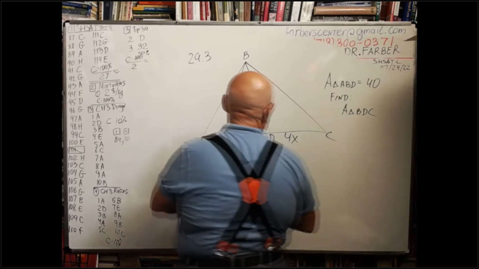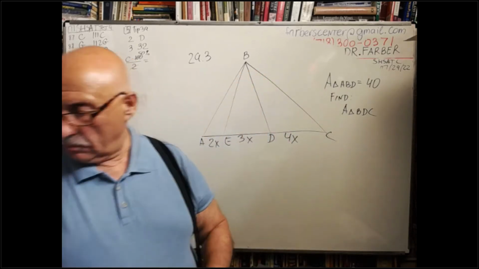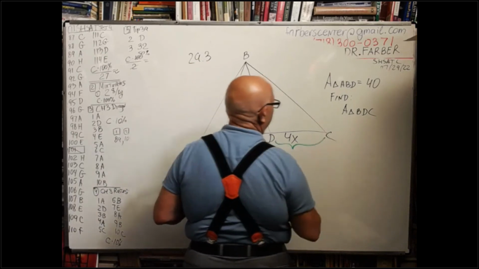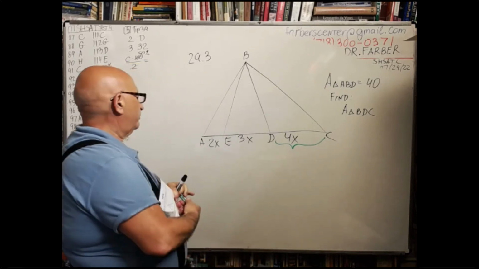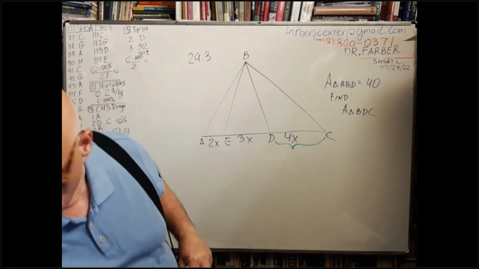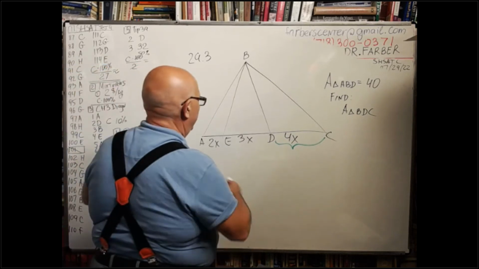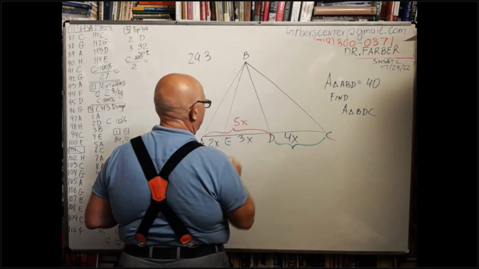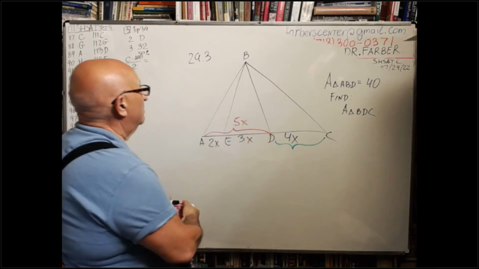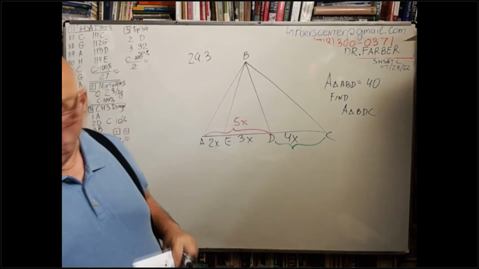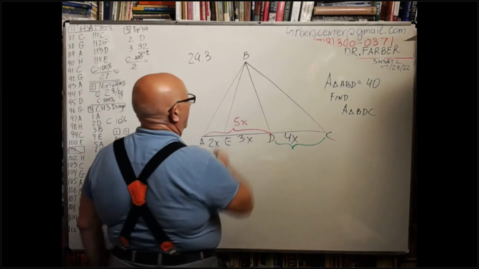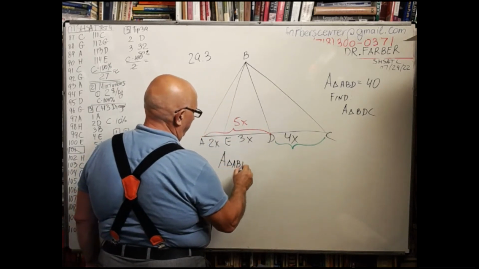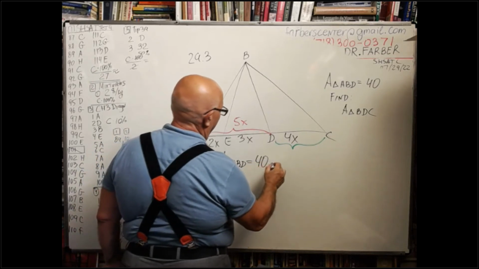Look at this, students. I take a different color. BDC has base 4x. ABD has a base of 5x. Right? Just add this addition for sure. When area of triangle ABD equals 40, base is 5x.